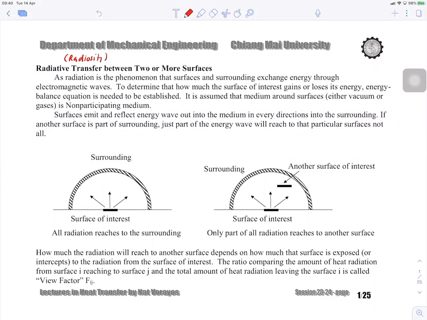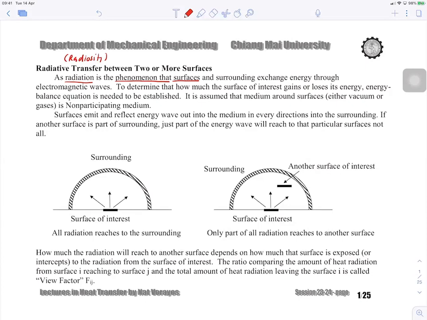Before we go deep into detail, let me remind you once again that radiation is a surface phenomenon. Okay, and if any surface has a temperature over 0 Kelvin, it always emits energy out.